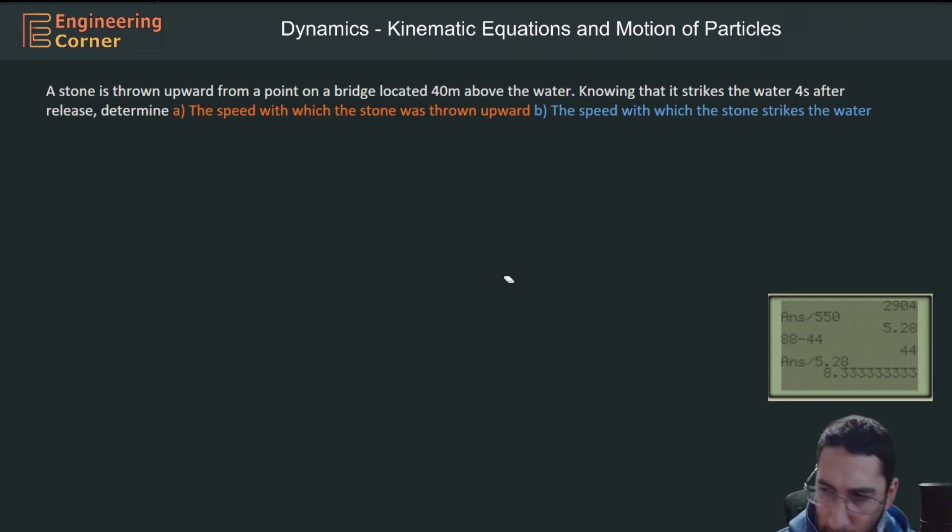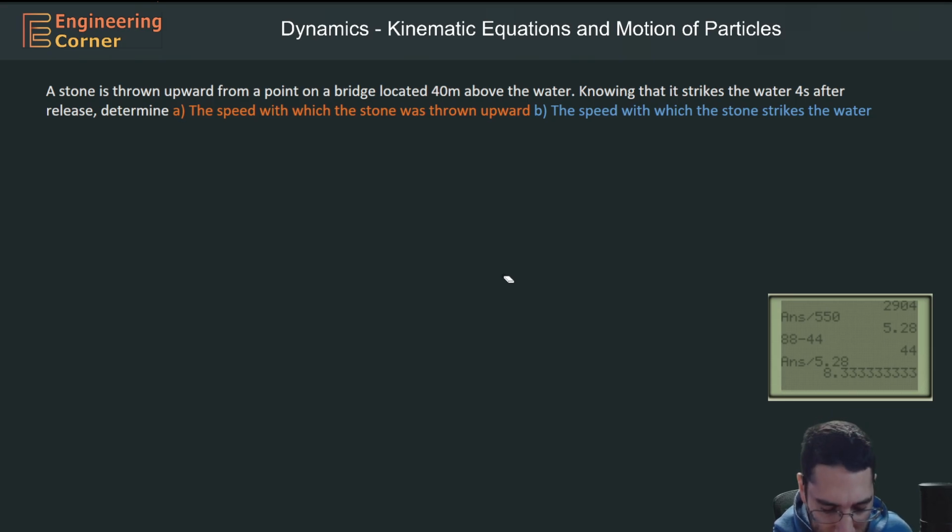In this problem, a stone is thrown upward from a point on a bridge located 40 meters above the water. Knowing that it strikes the water 4 seconds after release, we want to determine the speed with which the stone was thrown upward and the speed with which the stone strikes the water.